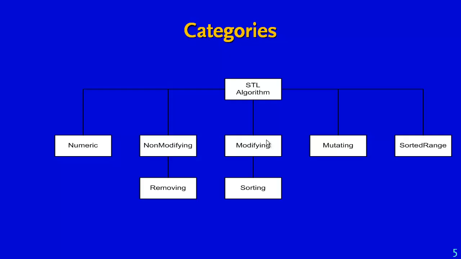Okay, so here are the main categories, and we'll have an example of each one, of course. So we have the numeric algorithms, quite powerful. It's got about 4 functions basically, but they're all customizable. You've got non-modifying algorithms, which do not modify the data in a container, so it's read only.